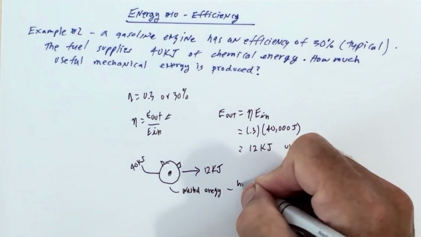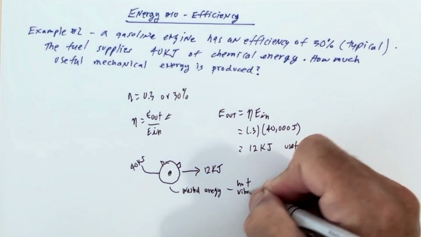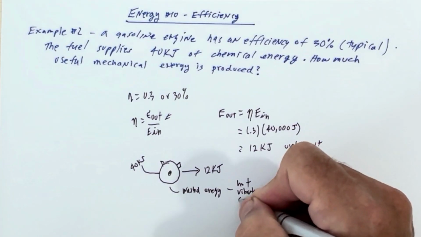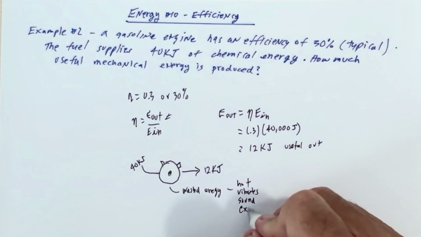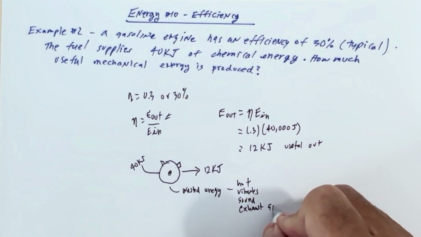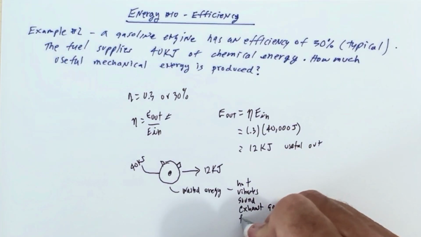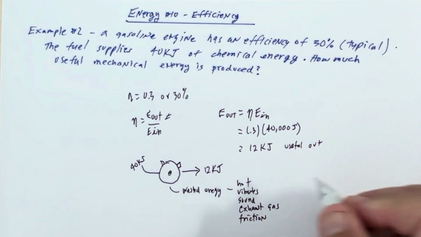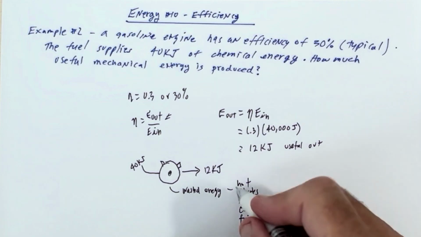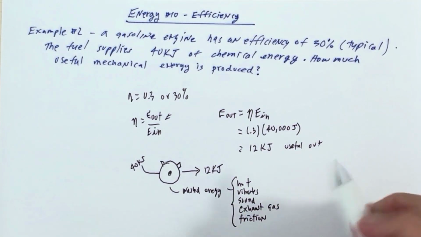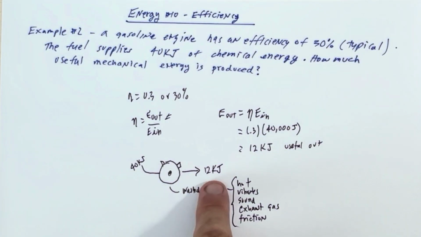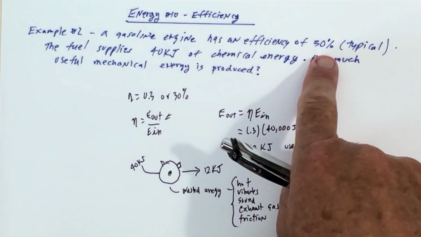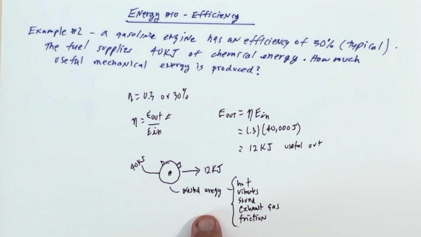Your car motor gets hot, it vibrates, generates sound. You hear your motor revving up, it generates exhaust gas and friction, and probably something else too. But these would be the main places where most of the energy goes. And this is the wasted energy. So we put 400 kilojoules in, and we got out 120 kilojoules because our system is only 30% efficient. The rest of it goes in the form of wasted energy that we really don't need.